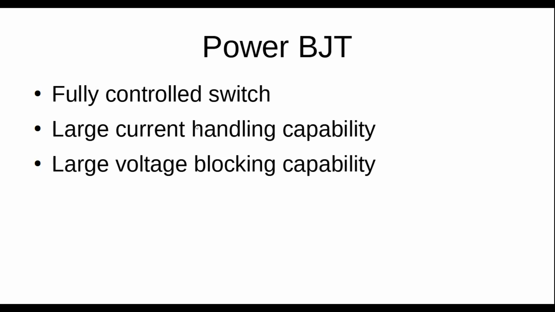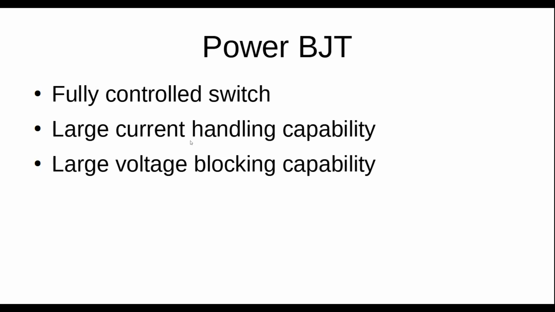The other thing we get with the power BJT is that it can handle a large current. It would definitely handle more current than the small BJTs that you'd find in a small portable radio, something used to amplify the signal from the antenna, which would be at most a few watts or a few milliwatts.